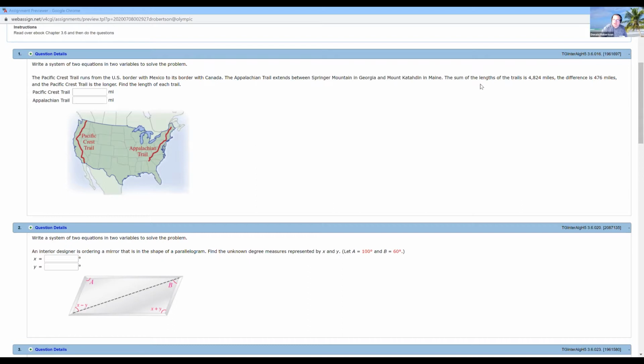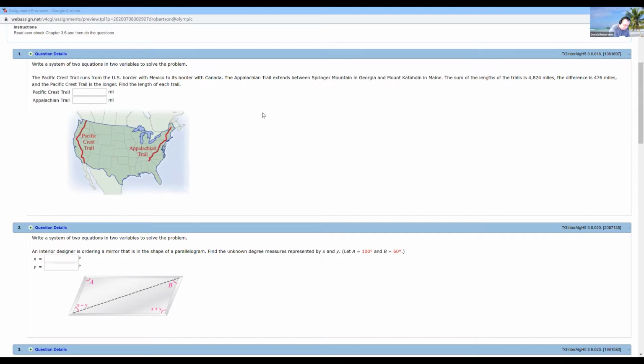Now it says the sum of the lengths is 4,824, and the difference between the two is 476. So they give you a whole bump at the start, but basically all I'm going to do, and I'll write this down so you can see it, is X is going to be the length of, I'm going to call it PCT for Pacific Crest Trail.